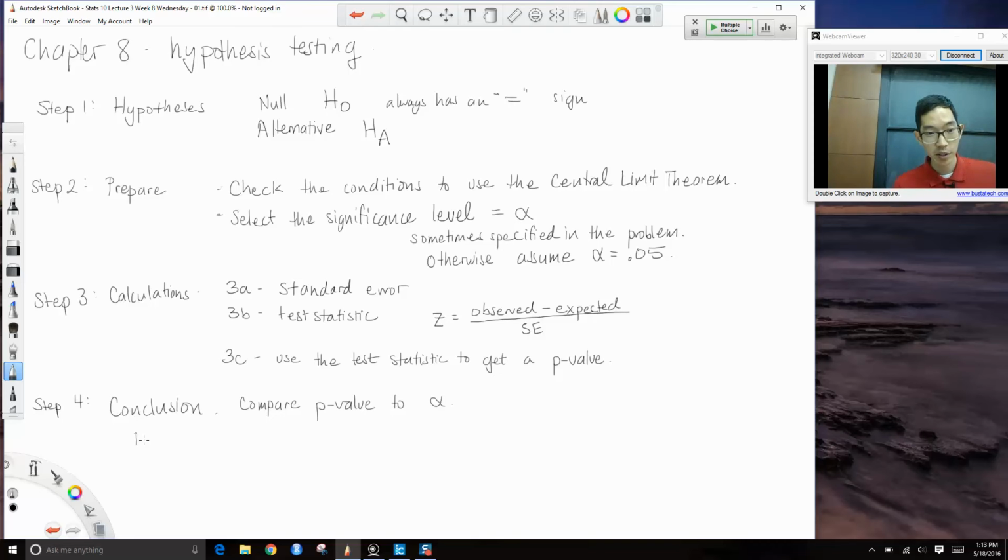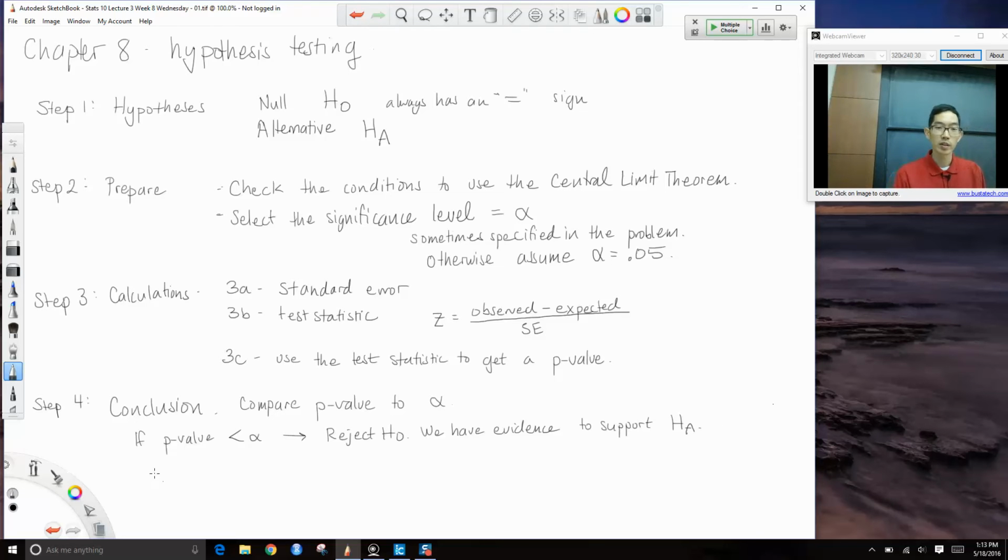So if the p-value is less than alpha, then we reject the null hypothesis and we say we have evidence to support the alternative.